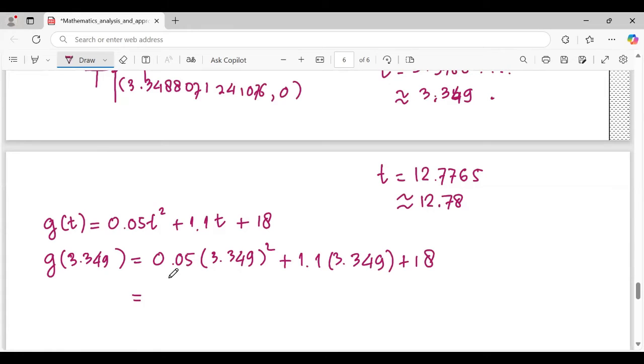And if you calculate, the result will be 22.25 meters.